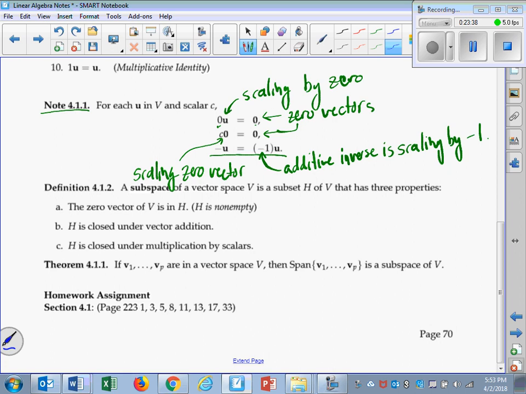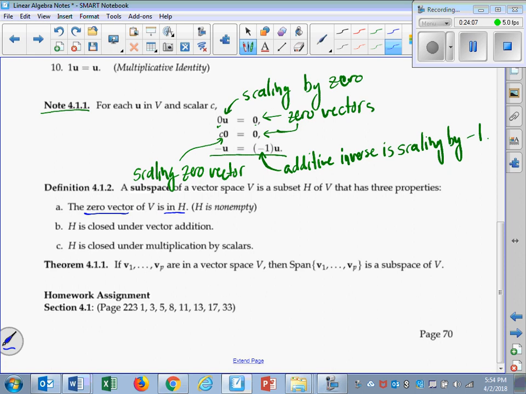Instead of having all 10 properties that a vector space has, a subspace inherits 3 of those. It can be shown that a subspace, as long as it has these 3 properties, is still a vector space. And the first one is that the subset has to have the 0 vector. So the 0 vector is in the subset H.